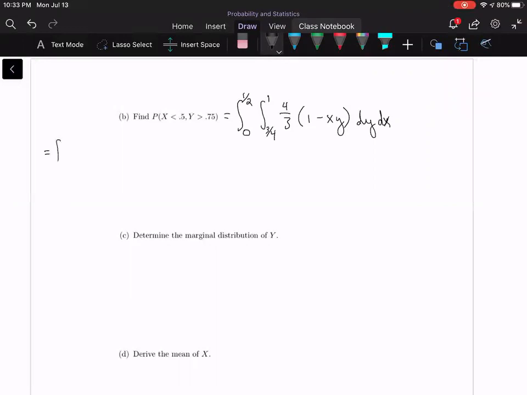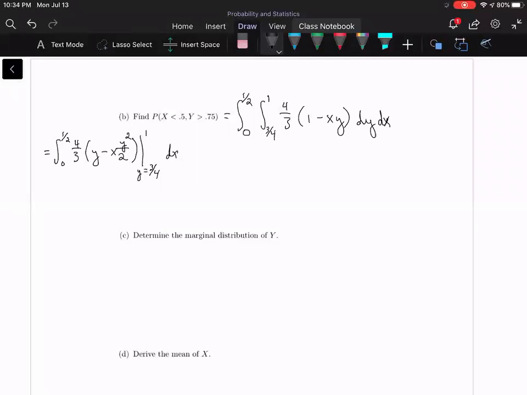So we've got 0 to the half as the limits of the outer integral, then 4/3, and the integral with respect to y is going to be y minus x y squared over 2. Y is being evaluated from 3/4 up to 1, and then we'll be integrating with respect to x.